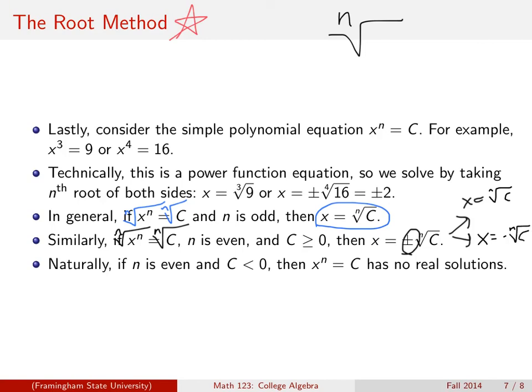So notice how you have those two solutions when n, the degree, is even. If c is less than 0 and you're trying to take the nth root on both sides, you're going to have no real solutions. You're going to end up with imaginary solutions. So we've already alluded to this nth root method, but it's very, very helpful.